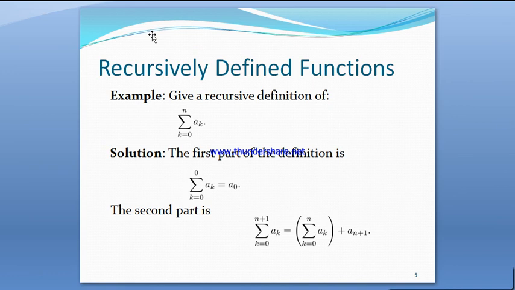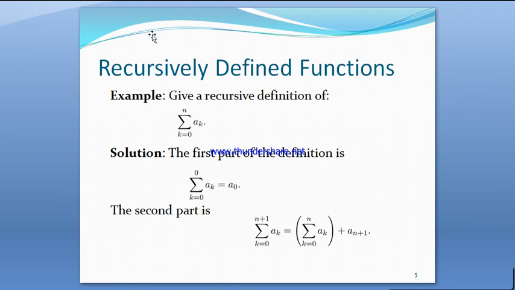Now let us consider the recursive definition of the summation of ak for k equal to 0 to n. Let us give the basis step, the first part of the definition. Let us specify the initial summation at 0. It is given by sigma ak for k equal to 0 to 0, which is nothing but a0. According to the recursive step, we should give a recursive rule to define the new elements of the function from its previous elements.